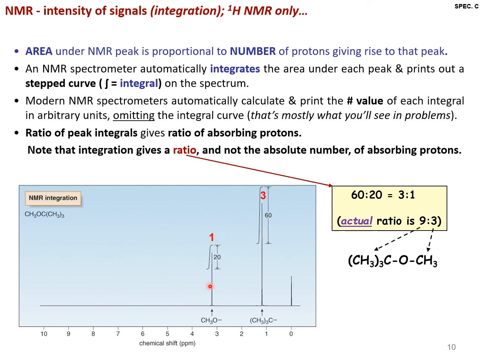So this peak was not caused by 1 hydrogen, but by 3 hydrogens. And this peak was not caused by 3 hydrogens, but by 9. So the actual ratio is 9 to 3. So keep that in mind as you're interpreting NMR spectra and considering integral values.